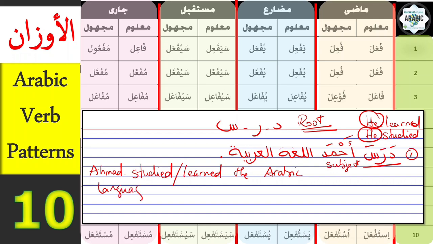If I change the pattern from form 1, darasa, which rhymes with fa'ala, then I'm referring to this meaning. But if I change it and I say darrasa, which is form 2, I'm not saying he learned, I'm saying he taught.